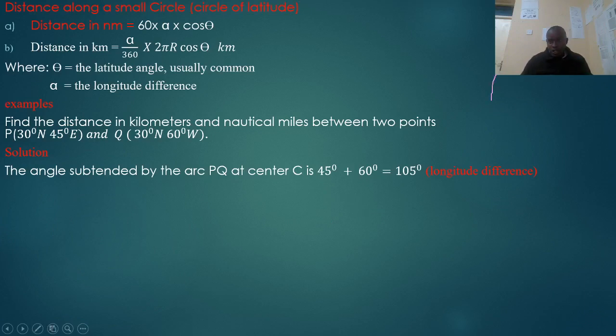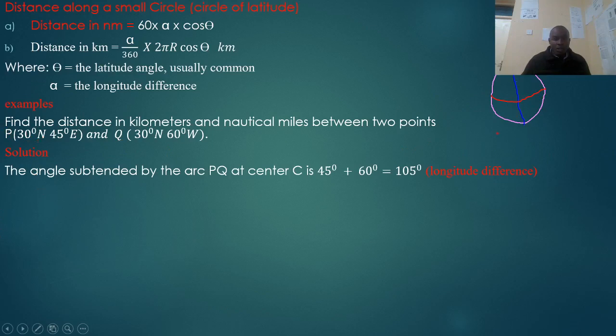Now if I make my sketch here, I make a circle. That's a sphere. Then I need to have the Greenwich Meridian, and I need to have an equator. So if this is the Greenwich Meridian and this is our equator here, now what you do, you locate point P, and the point P will be 30 degrees north.